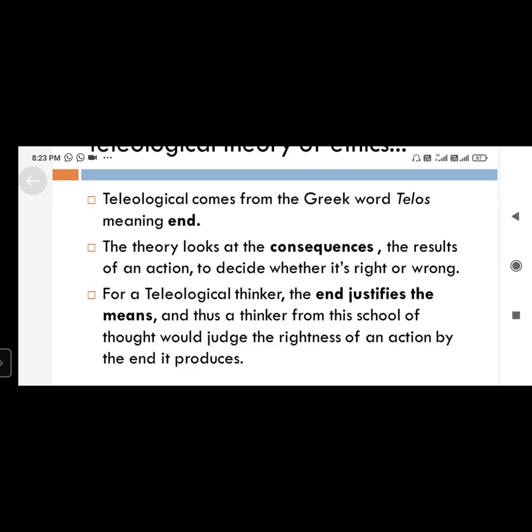Now, this theory believes in the results of the decision. If you are taking any decision, and although it is in good faith, based on human values and moral principles, still, if there is a problem related to its implementation, then we can say it is not good.